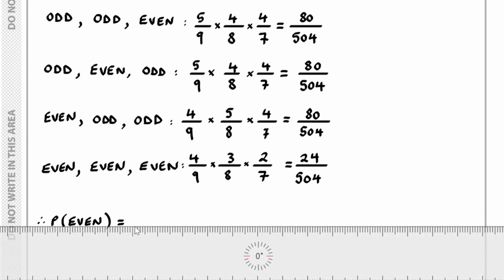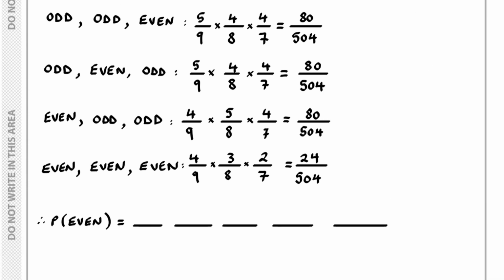And so therefore, for the probability of getting an even number, what we have is 80 out of 504 plus 80 out of 504 plus another 80 out of 504 plus 24 out of 504.